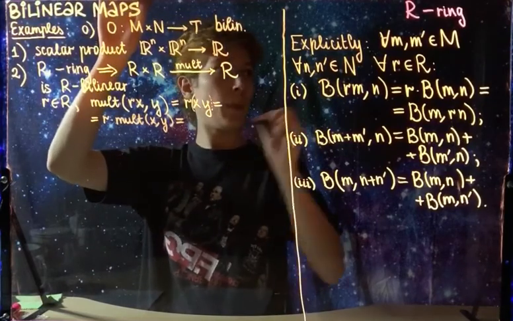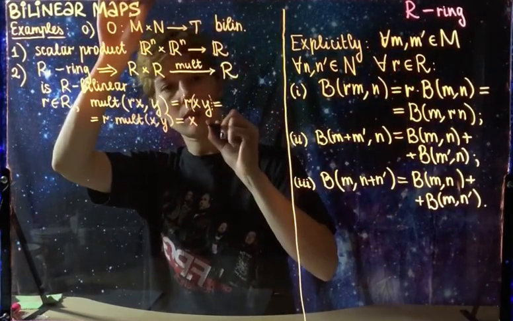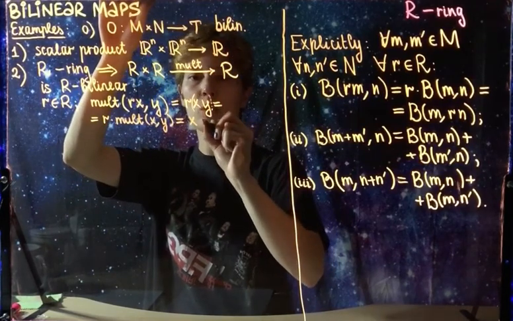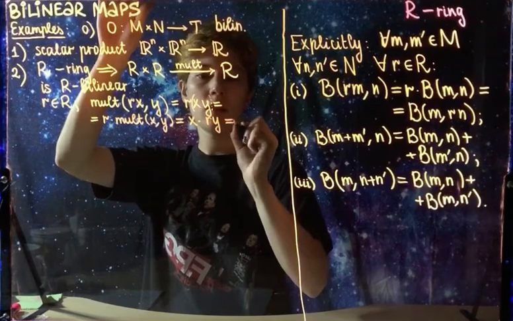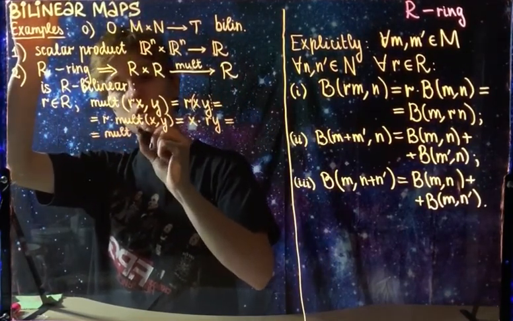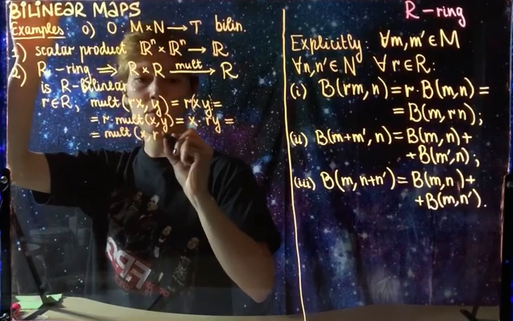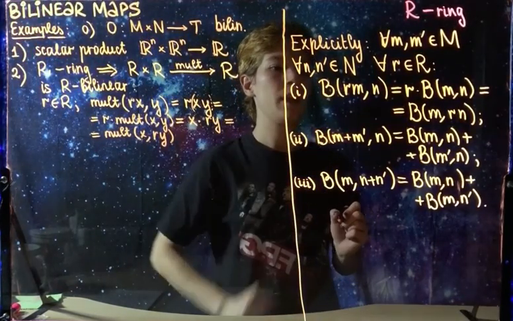But we also assume that the ring R is commutative. So we have that rxy is equal to x dot ry. And this is the result of applying mult to x comma ry. And so we got our first axiom.